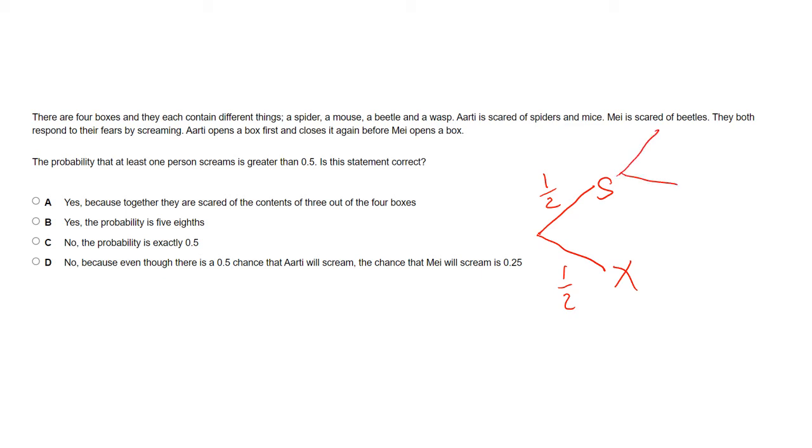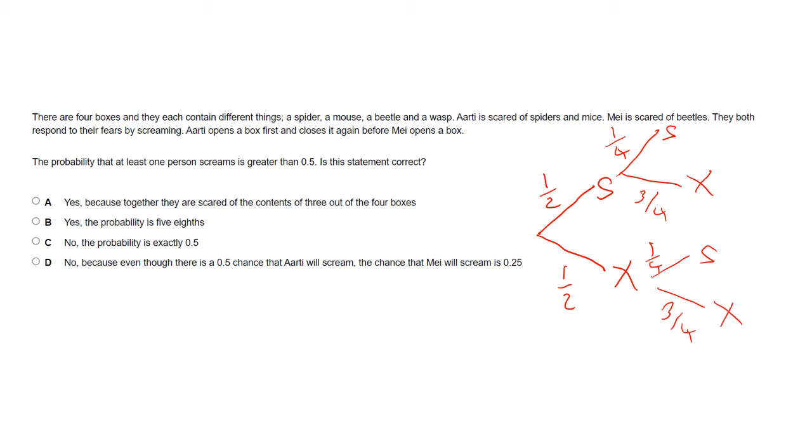So we can say there's a probability of 1/4 that she screams and of 3/4 that she doesn't scream. And this is the situation had Artie already not screamed the first time. There's still a probability of 1/4 that May will scream and a probability of 3/4 that she won't.